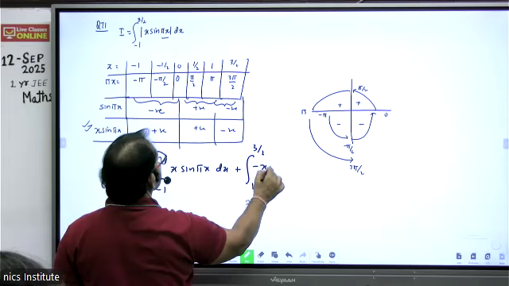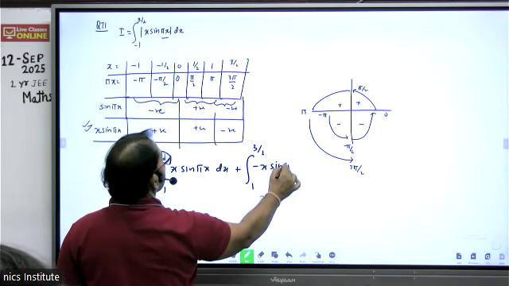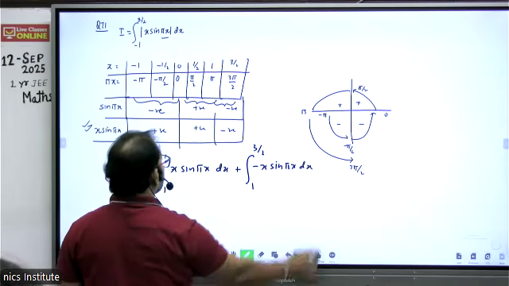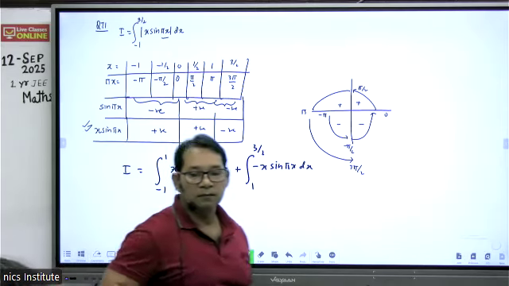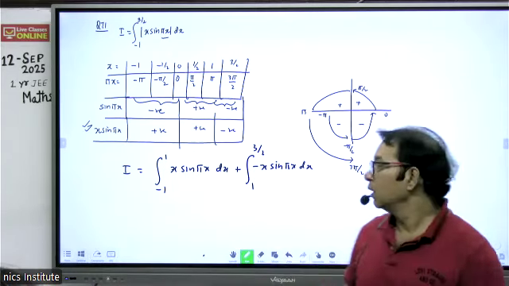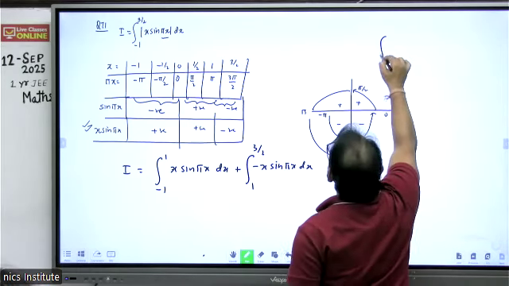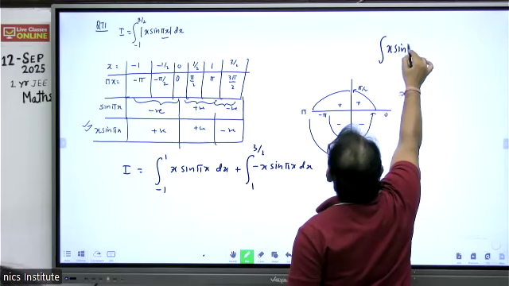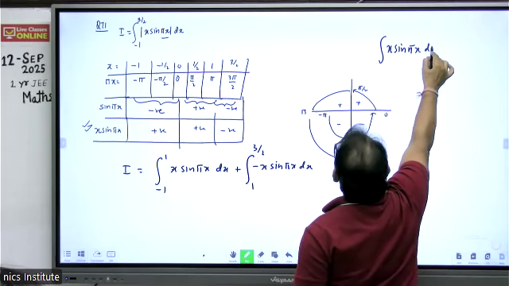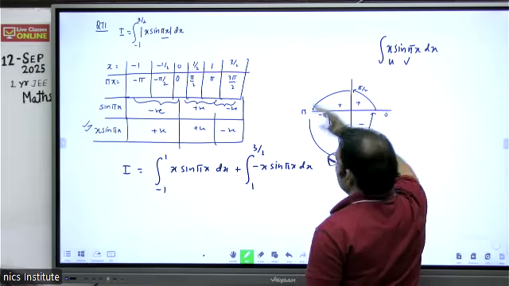So minus x sin pi x. And then next you can integrate x sin pi x using by parts and then put the limit.